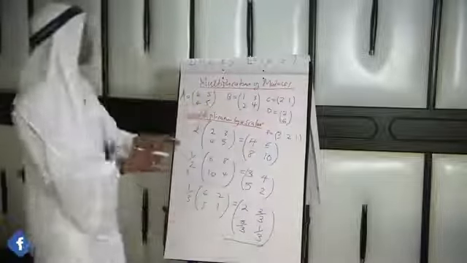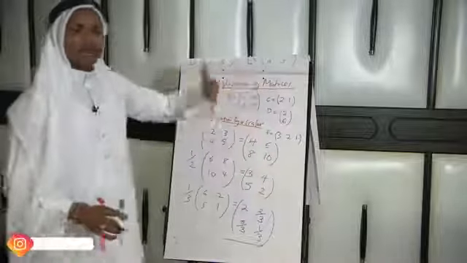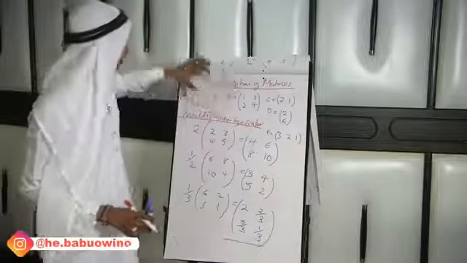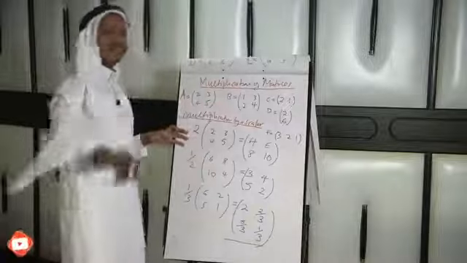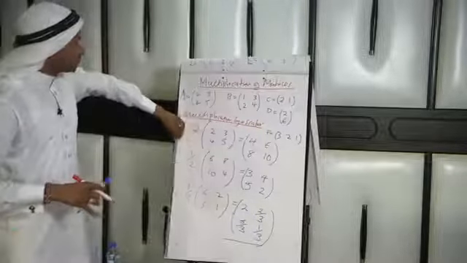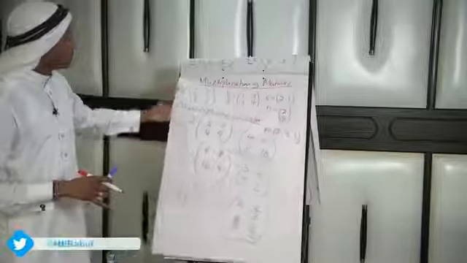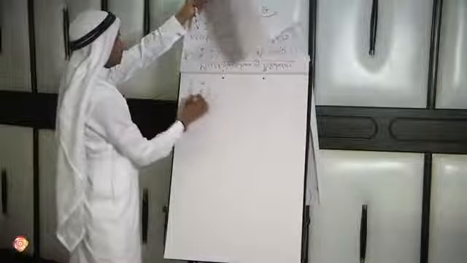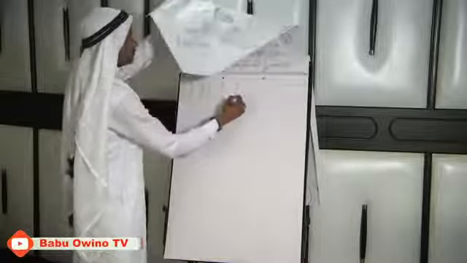So now we come to multiplication of a matrix by another matrix. We have our example here, and we'll simply use them again. 2, 4, 3, 5. Then we have 1, 2, 3, 4.